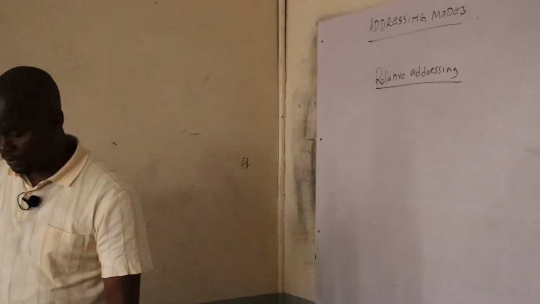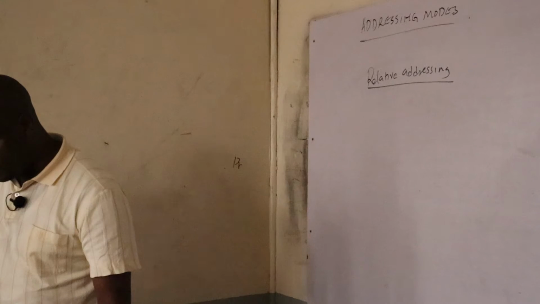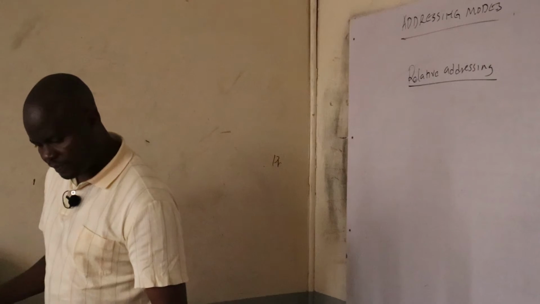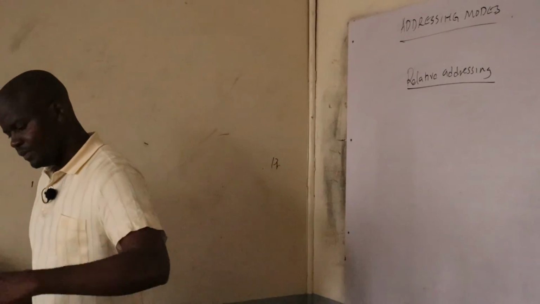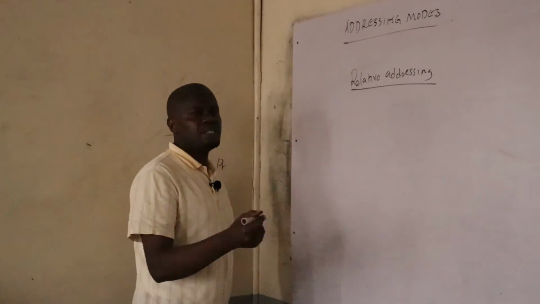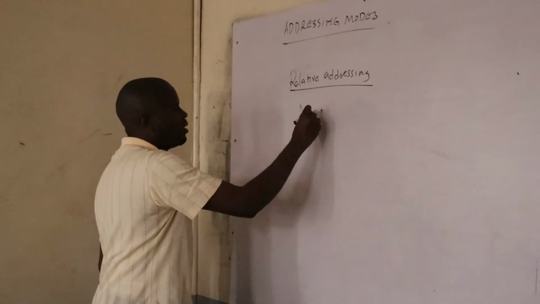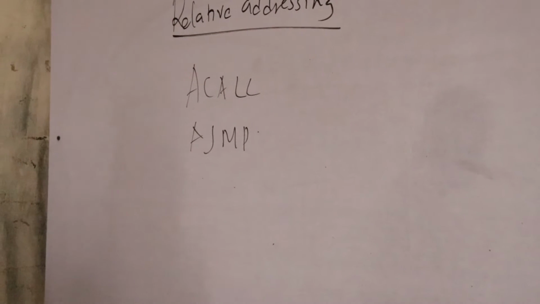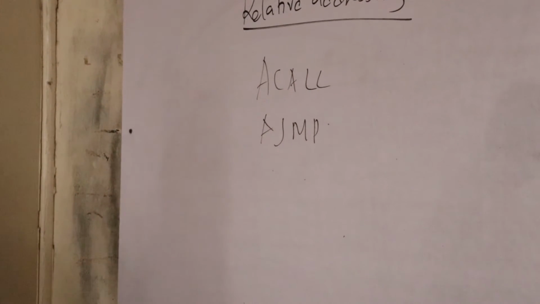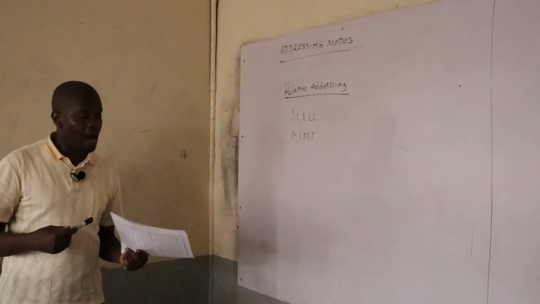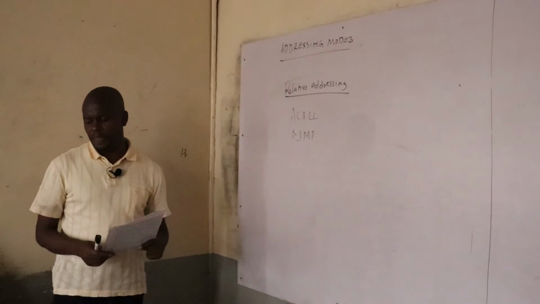Absolute addressing. When you talk about absolute addressing, it is always used with two basic instructions: absolute call, ACALL, and AJMP. Those represent ACALL and AJMP, and the least significant bits of the destination address usually come from the opcode, and the upper 5 bits are usually the current upper 5 bits in the program counter.